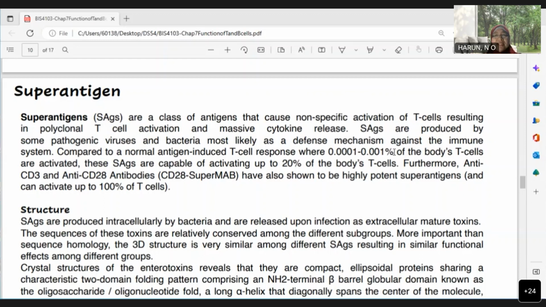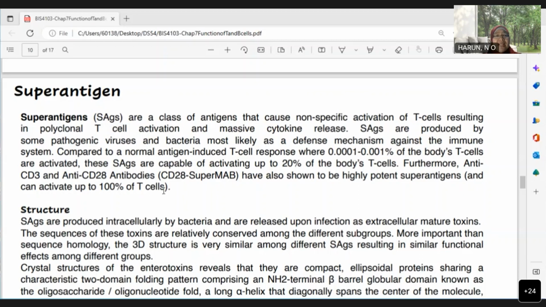Okay. The SAGs are produced by some pathogenic viruses and also bacteria, most likely as a defense mechanism against the immune system. Compared to a normal antigen-induced T cell response, where about 0.0001 to 0.001% of the body's T cells are activated, the SAGs are capable of activating up to 20% of the body's T cells.